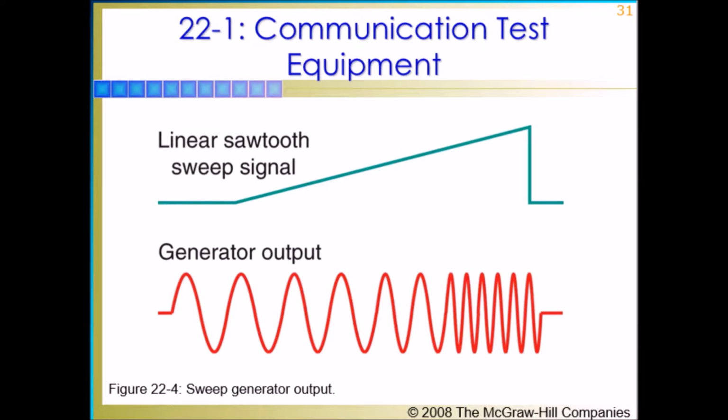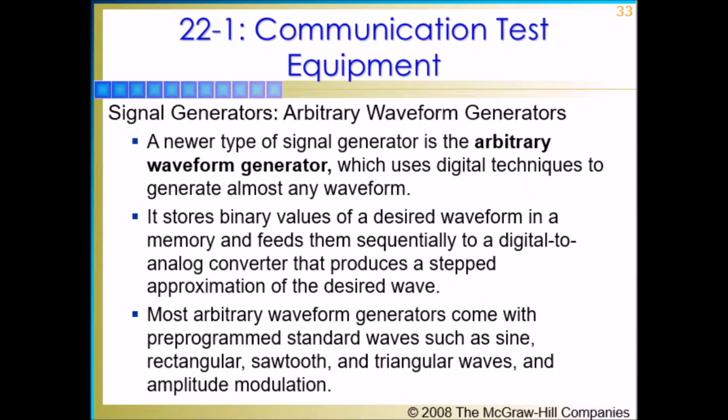The example of a constant amplitude sine wave whose frequency increases from some lower limit to some upper limit is shown in the figure. A newer type of signal generator is called the arbitrary waveform generator. An arbitrary waveform generator uses digital techniques to generate almost any waveform. It stores binary values of a desired waveform in a memory.